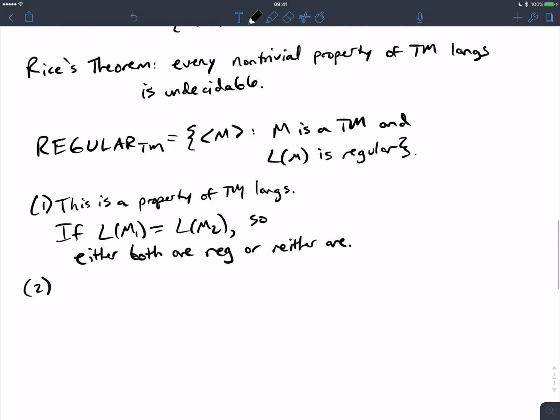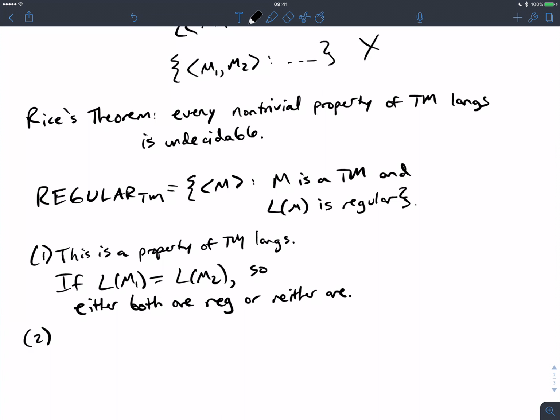So what do I need to show so that it's a non-trivial property? Well, I need to show you two machines. I need to show you one that has regular language and one other one that has non-regular language.